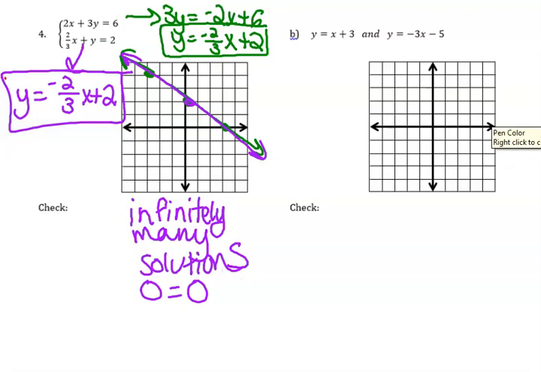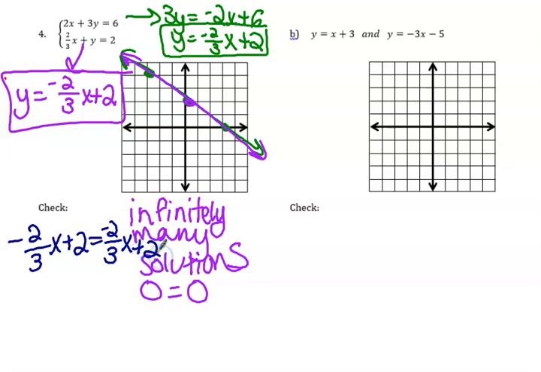All right, so if you made these two equal to each other, you would notice the x's go away and 2 equals 2, and then that means infinitely many solutions. So checking, you can plug any point in. You could plug in something for x and you'll get the output of y. All of these points on these lines are the solutions.